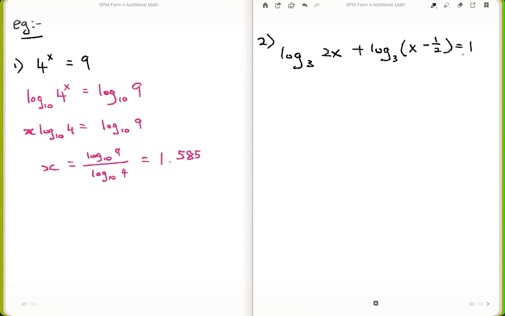Now this is a question, if you're in Form 4, you'll find it very hard. But let me tell you a trick. To make it simple, simplify it.